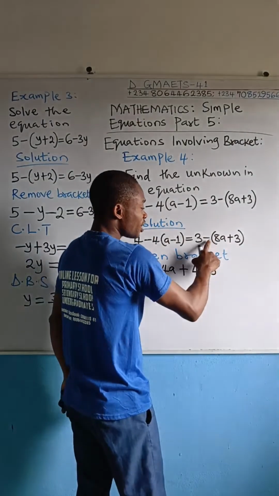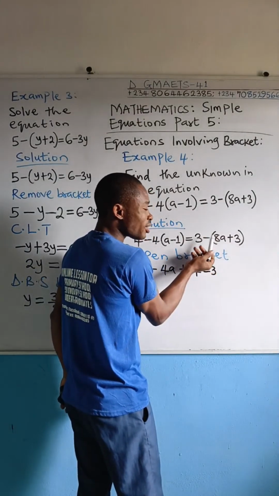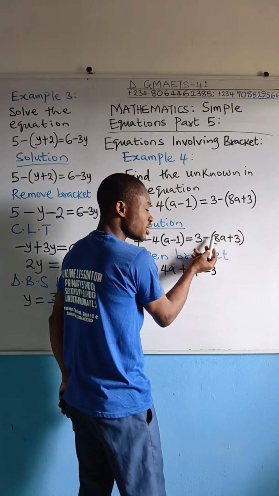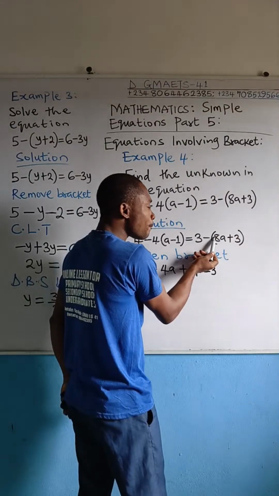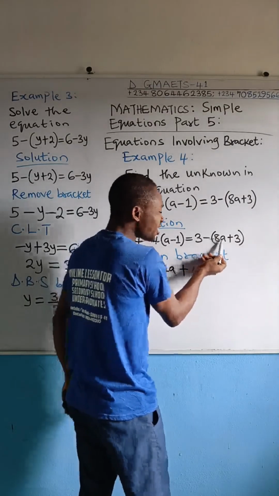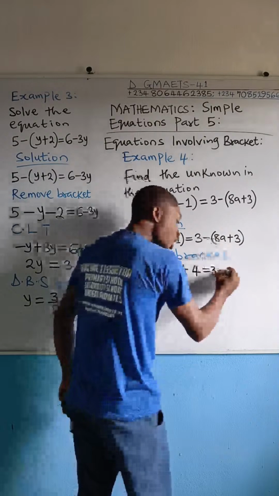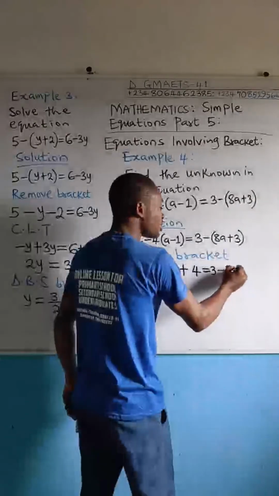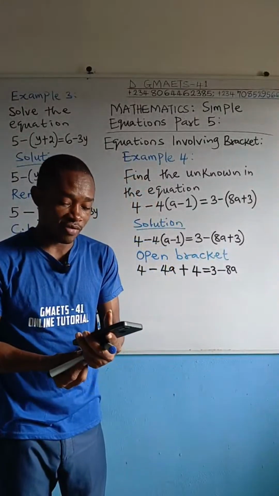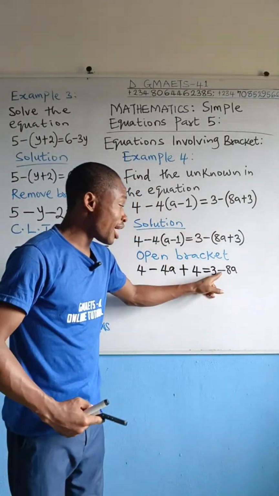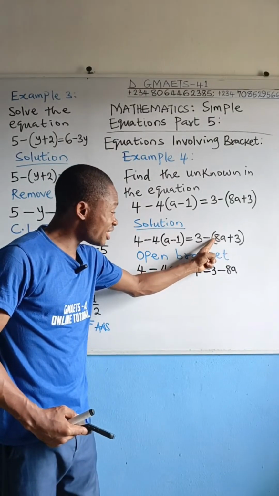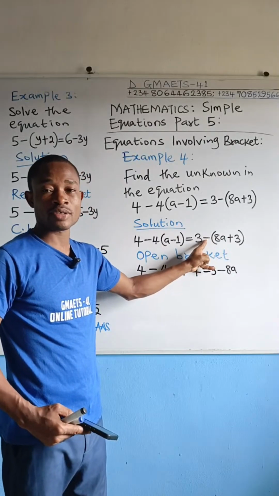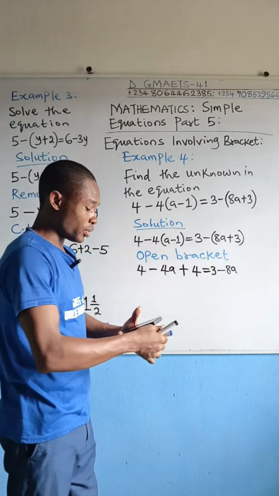So let us quickly do that. So this is 3. Now, this is invisible 1, or simply 1 times 8a. This 8a is positive. You are using a negative number to open that bracket. So this plus 8a will change to minus as you are using that minus 1 to multiply it. 1 times 8a will give you 8a, and the sign will be minus, because the plus will change to minus because of the negative number you are using to open that bracket.